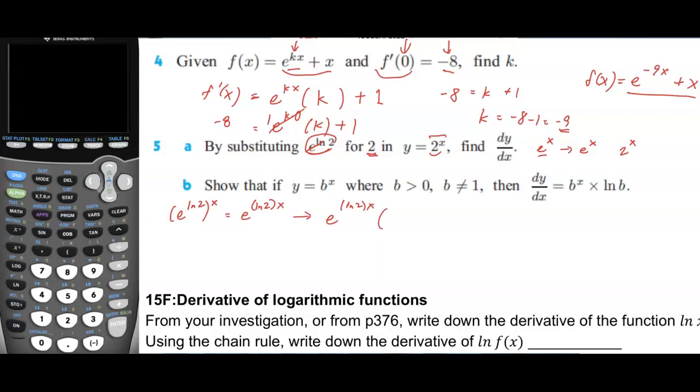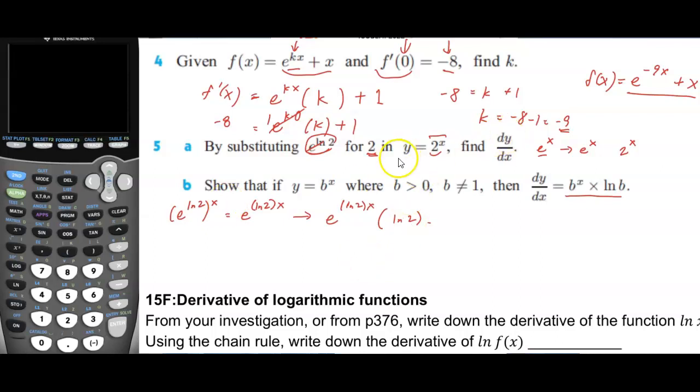And then you multiply that times the derivative of the exponent, natural log of 2 times x. The derivative of natural log of 2 times x is natural log of 2. It's just a number. So if it was e to the 3x, the derivative of 3x would be 3. If it's e to the natural log of 2 times x, the derivative of natural log of 2 times x is natural log of 2.